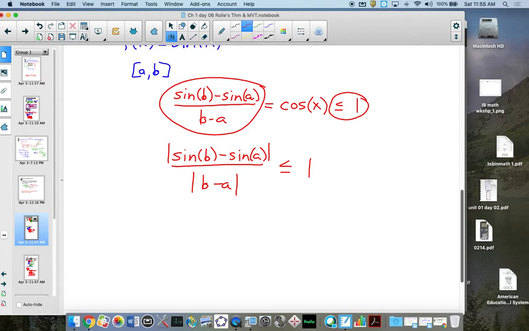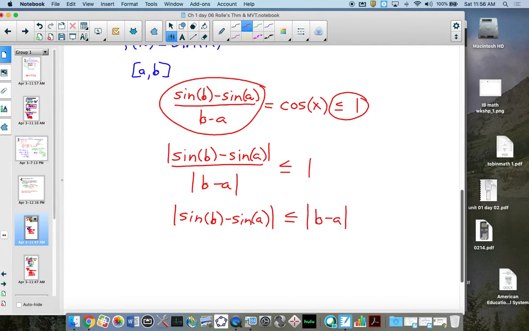And now the absolute value of b minus a I know is a positive amount, assuming that a is less than b. And so when I multiply that over to the other side, it doesn't change the inequality. So I have the absolute value of sine of b minus sine of a is less than or equal to the absolute value of b minus a.